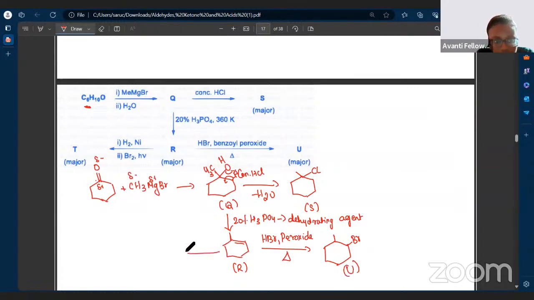And R on reaction with hydrogen and nickel. Hydrogenation takes place, the double bond will get reduced, and you'll be getting an alkane. Again, on reaction with Br2 and light, what is the product you'll be getting?